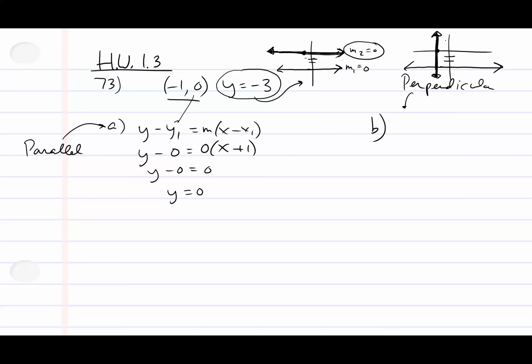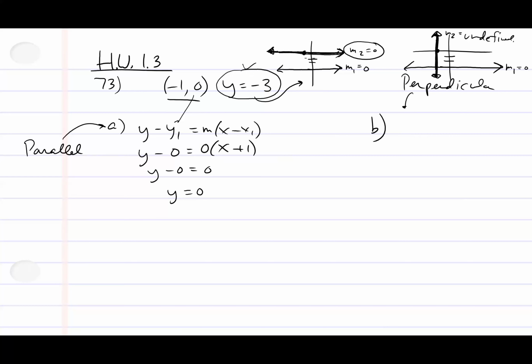Okay, this is a vertical line, so m1 is equal to 0 still, right? That's the slope of this line. The slope that I want, m2, is undefined. That's all the way from algebra 1. Remember that? Vertical lines have undefined slopes.